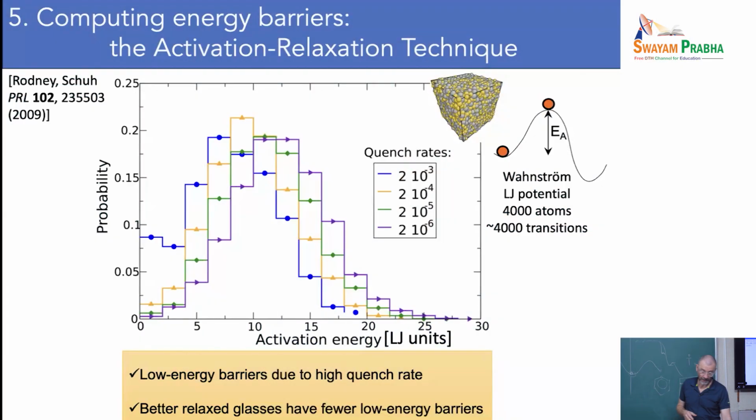I will mention it at the very end, but using these energy barriers obtained with ART plus kinetic Monte Carlo, there's a method available which is coupled with LAMMPS, so you can use it in LAMMPS, and it's called kinetic ART, the kinetic activation relaxation technique.